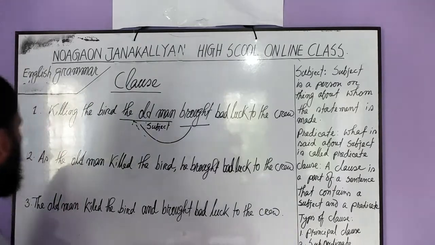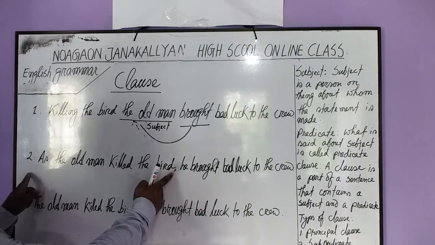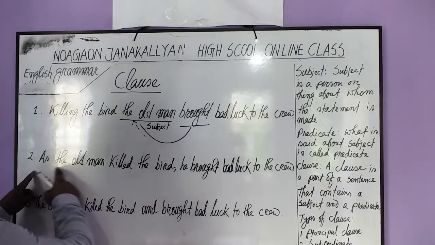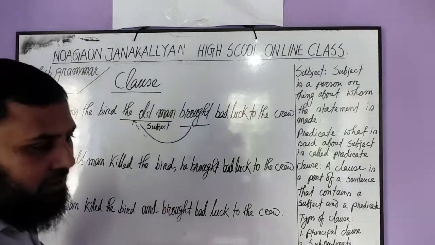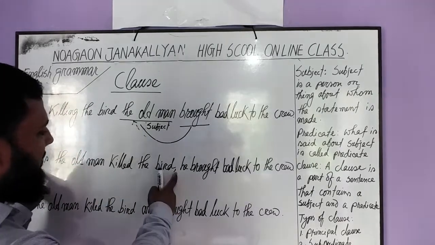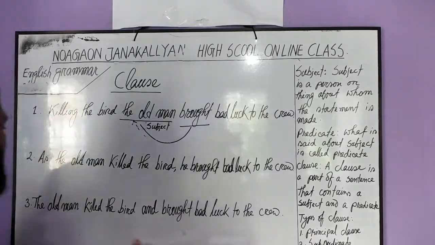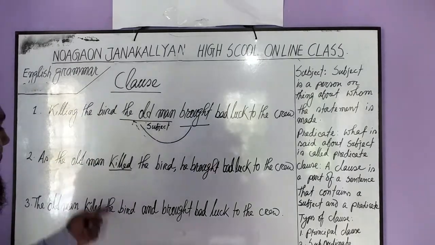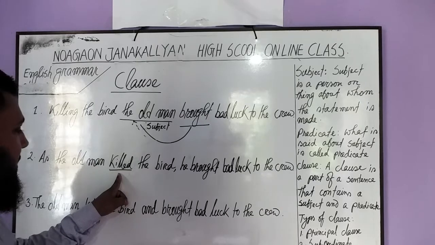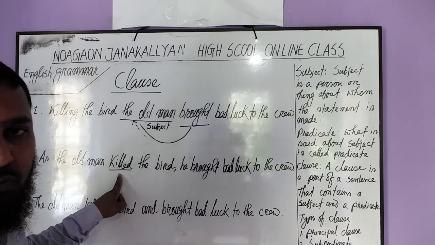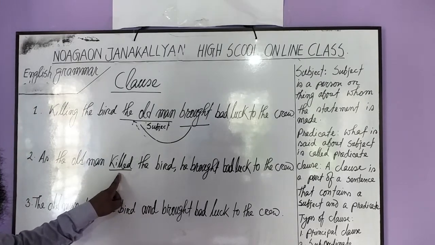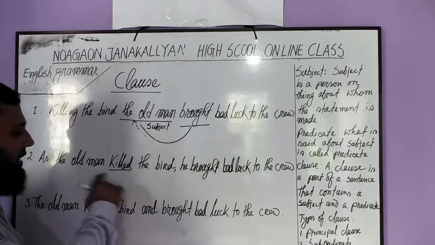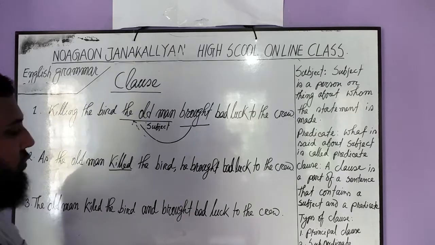So, dear learners, the first part of our sentence 2 is: as the old man killed the bird. And what is the verb of the first part? The verb of the first part is killed. If we want to select our subject, we have to make a question to our verb killed, by who.